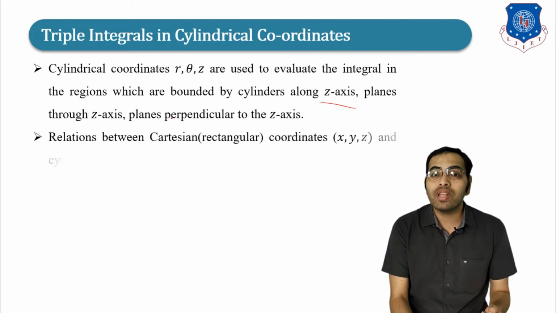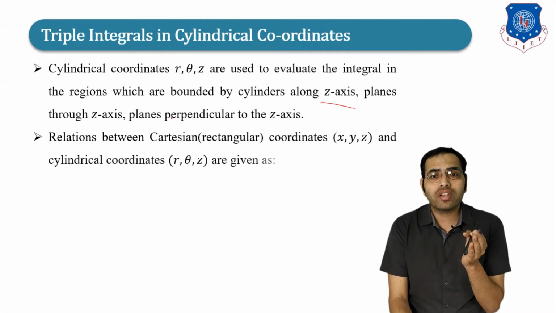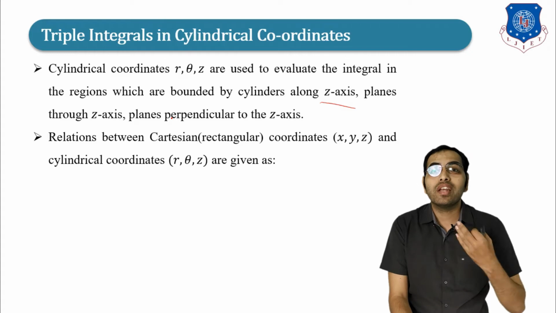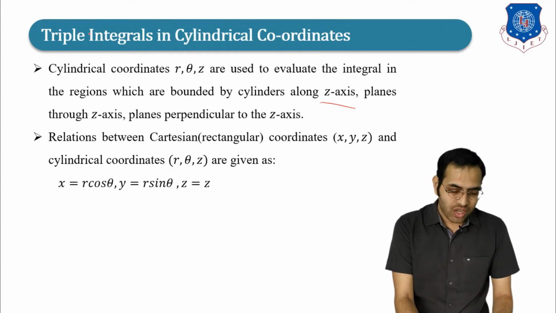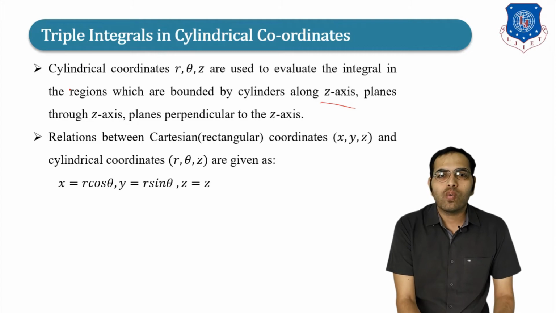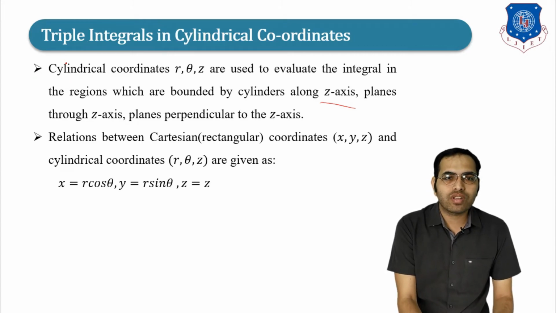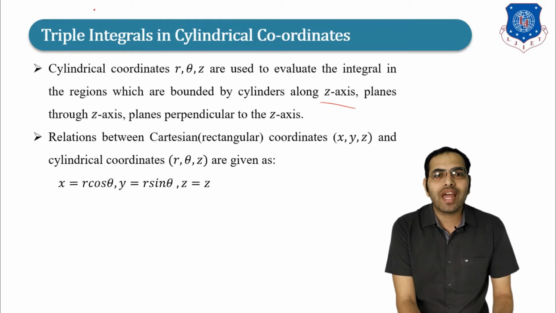Now the relation between the Cartesian or rectangular coordinates x, y, z and the cylindrical coordinates r, theta, z: you are all aware that x equals r cos theta and y equals r sin theta, and z is kept as it is.